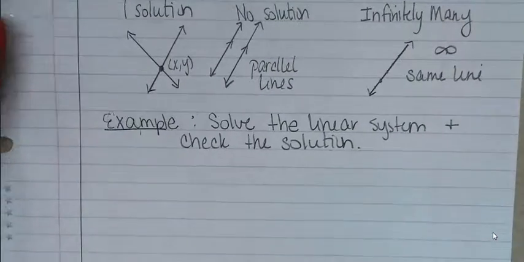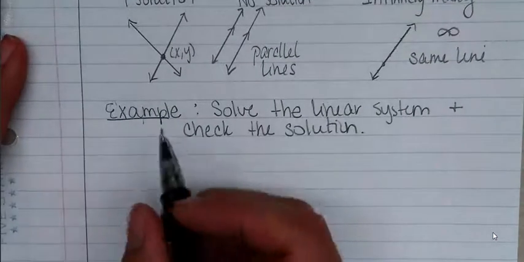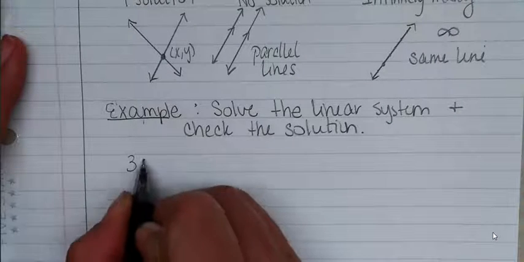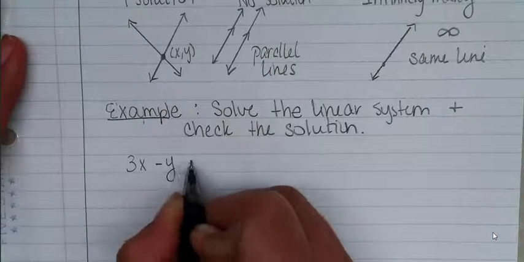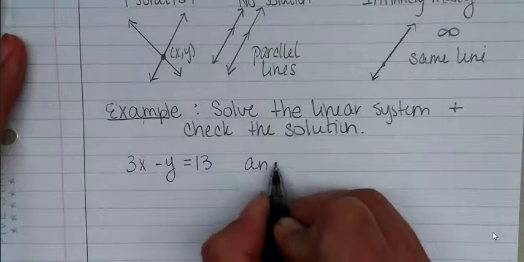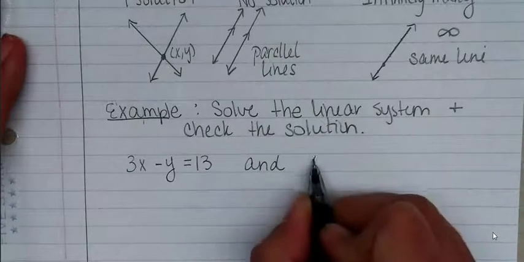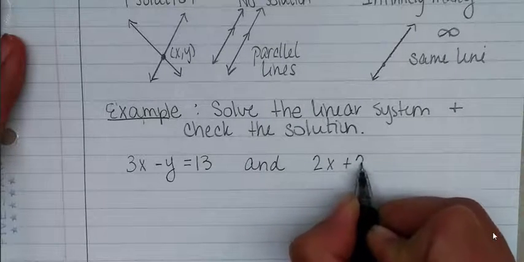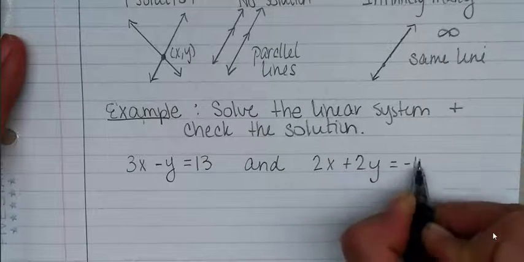So here's the linear system. Let's see, we're going to do 3x minus y equals 13, and 2x plus 2y equals -10.